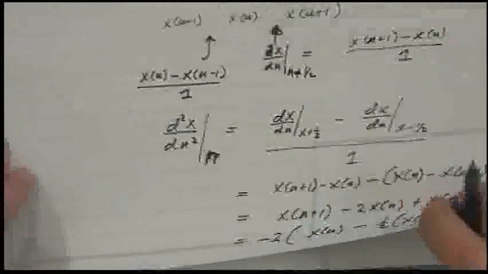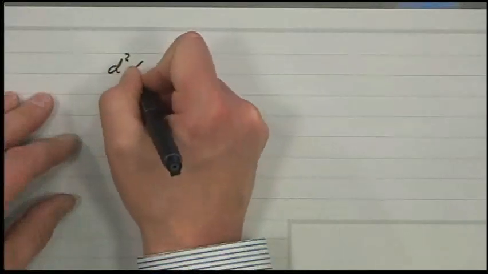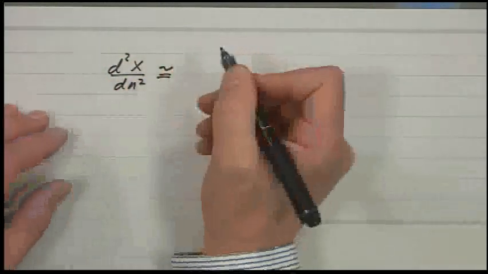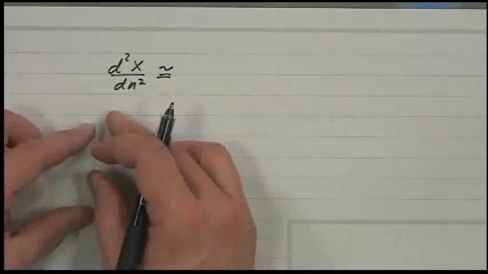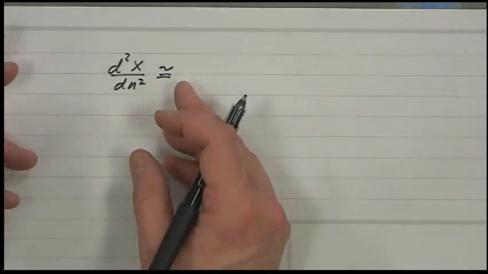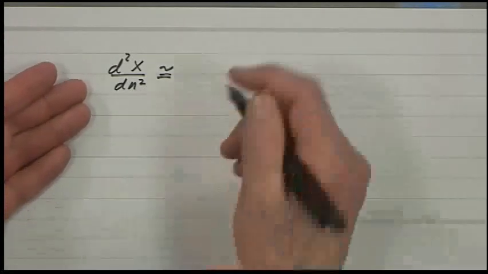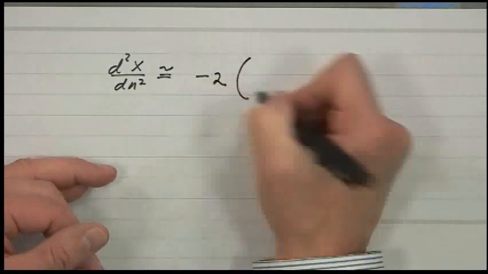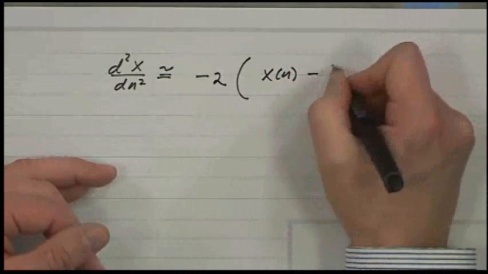So I get the following relationship, that the second derivative equals approximately, I'm not exactly sure what that means, because you can't differentiate this thing, but thinking of it as an approximation to a continuous signal, this could all be made very precise. Then that's equal to minus 2 times x of n, I'm just going to rewrite what I had before.